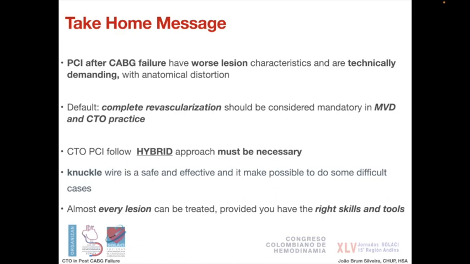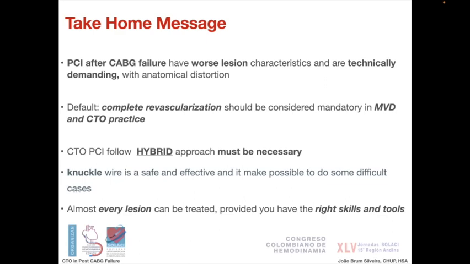You need to do all of the procedures because it's one of the masteries of the hybrid approach. Knuckle wire is safe and effective and makes it possible to do some difficult cases. This is how I showed, in different ways, retrograde and antegrade, how the knuckle can help me because I had an ambiguous proximal cap and bifurcation, and also we had an ambiguous distal cap.